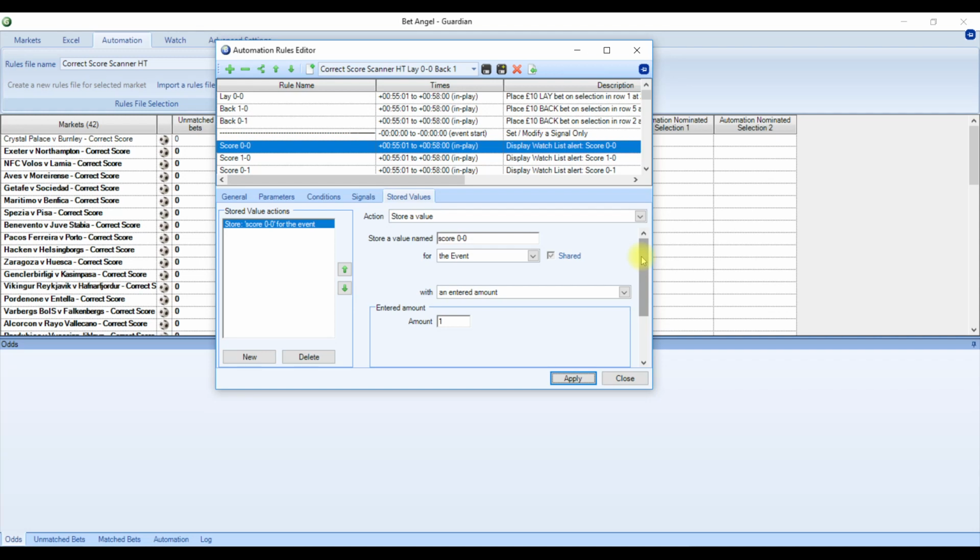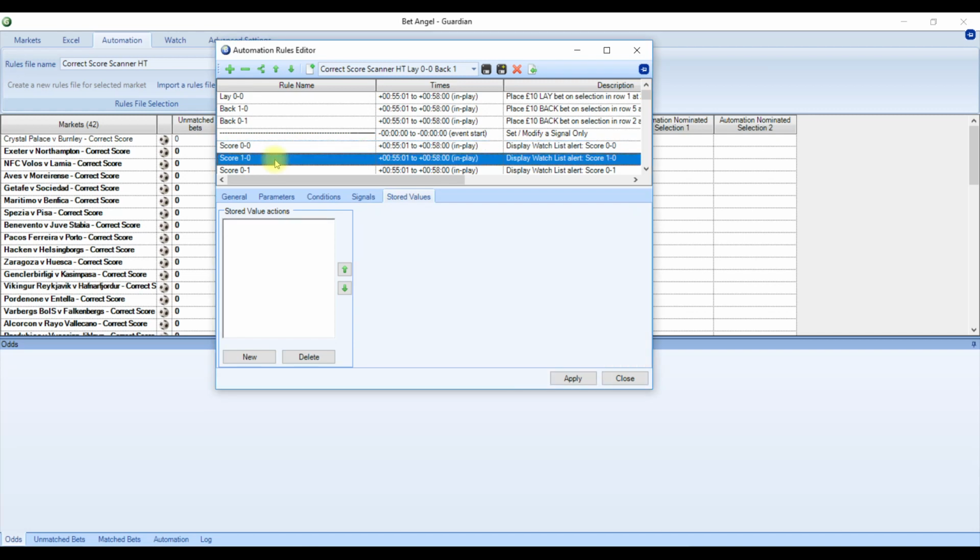Now all we have to do is go to your receiving market, whether that be the match odds market or the overs unders market, to receive the signal that it's actually 0-0, 1-0, or whatever score you're looking for. It might be that you're not looking for the particular scoreline, but a certain amount of goals.